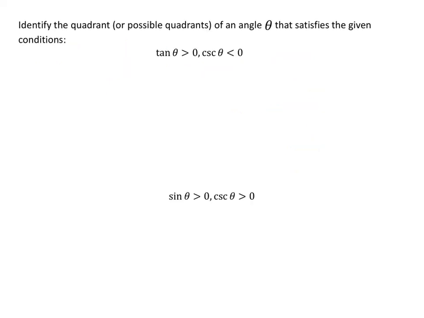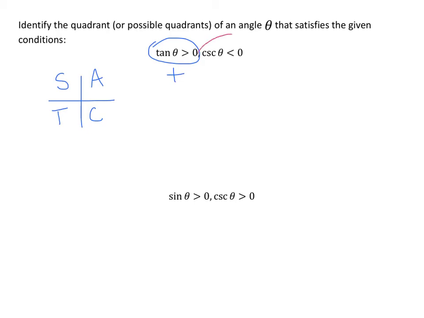Here we're trying to figure out what quadrant or quadrants this angle might belong in. To start something like this, I might sketch my coordinate plane and write in All Students Take Calculus. This says that tangent of theta is greater than 0. That means it's positive.